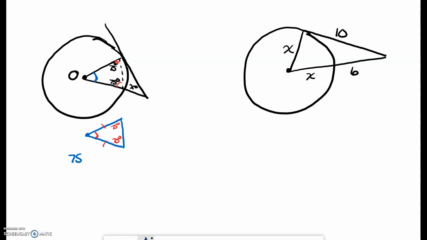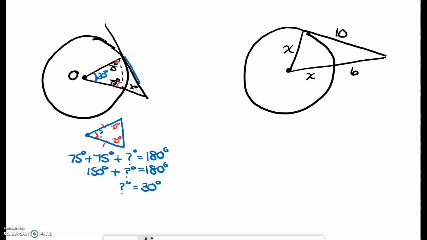I know 75 degrees plus 75 degrees plus this question mark angle equals 180 degrees. So 150 degrees plus this question mark angle is 180 degrees. So my little question mark angle is 30 degrees. I'm going to mark that in here, 30 degrees.